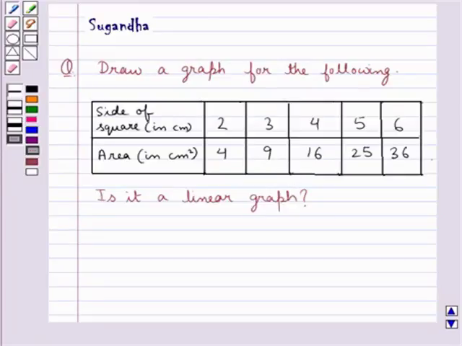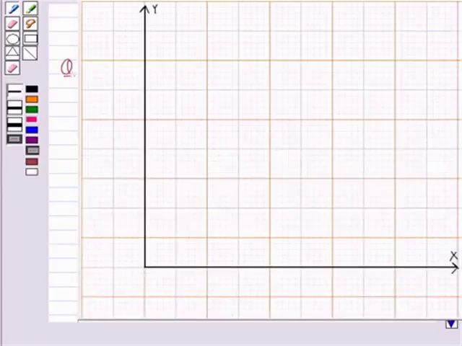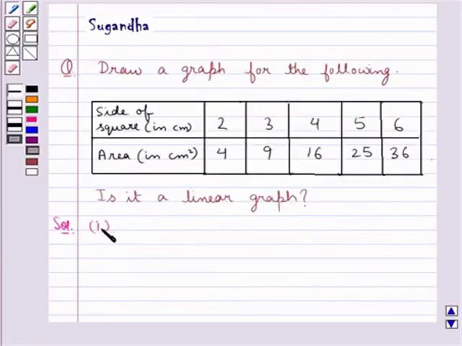For this, first we will draw the x-axis and the y-axis. We take the horizontal line as the x-axis and the vertical line as the y-axis. As you can see, we have drawn the x-axis and the y-axis. Now the scale that we take would be on horizontal axis, that is the x-axis.